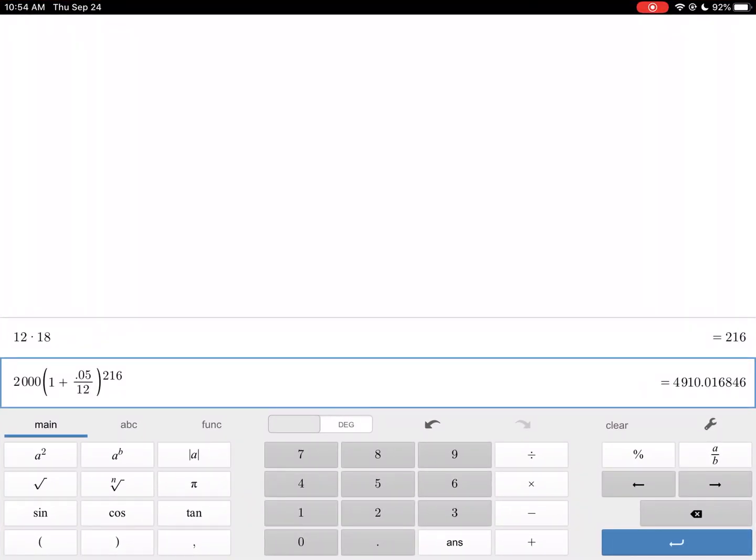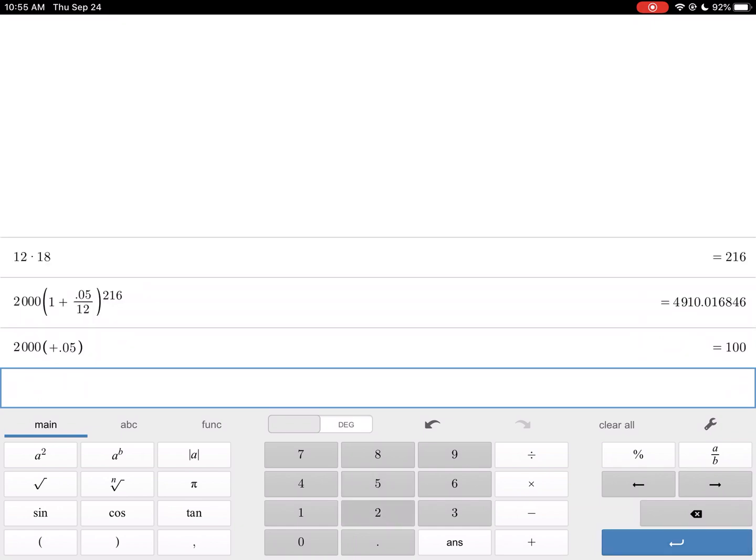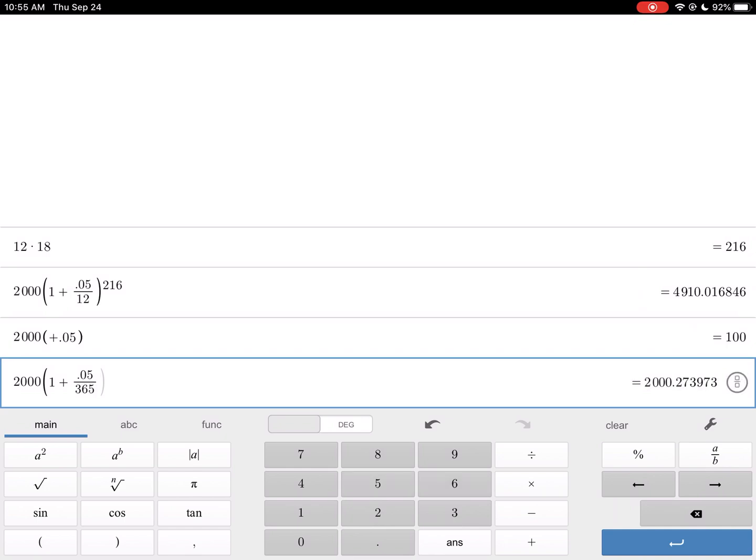So 2,000, parentheses, 1 plus 0.05 divided by 365.